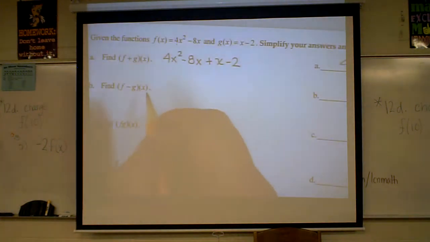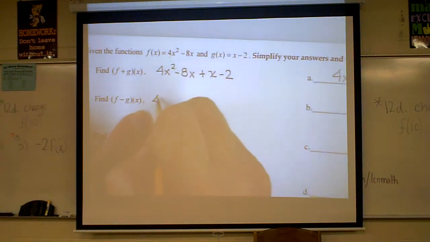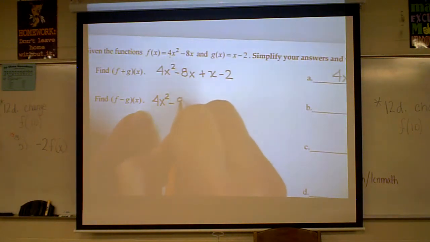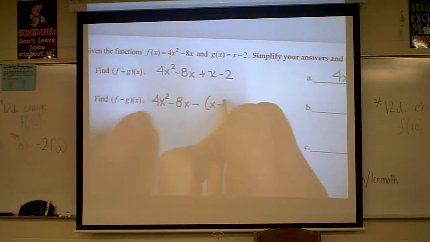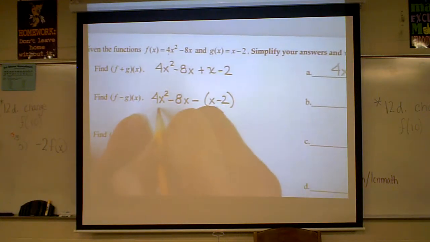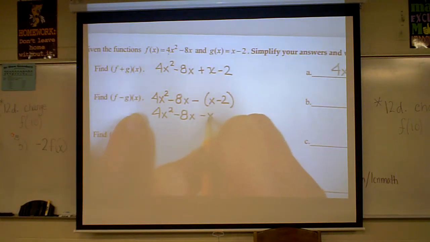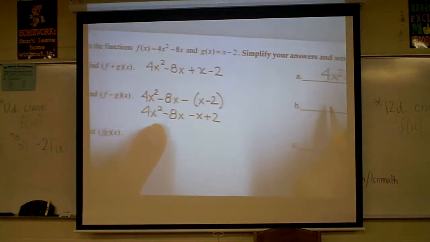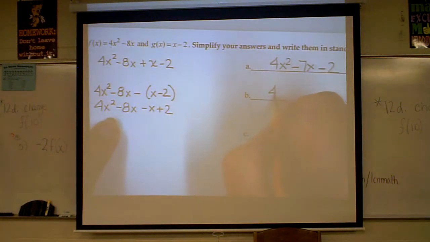F minus g, you're going to take the f function, 4x squared minus 8x, and you're going to subtract x minus 2. So that means you have to distribute the negative. And simplify, the final answer will be 4x squared minus 9x plus 2.